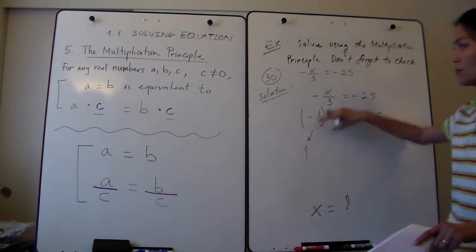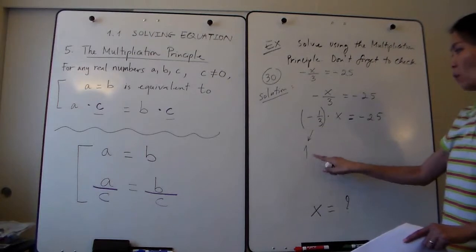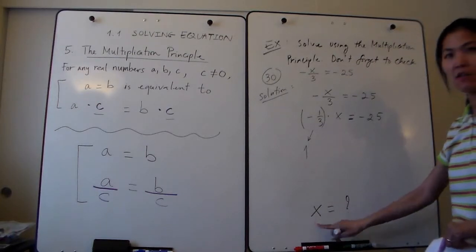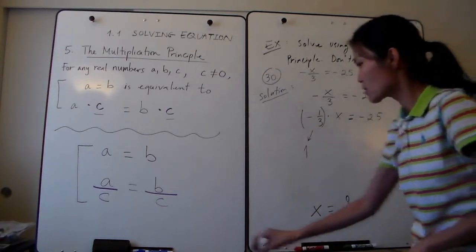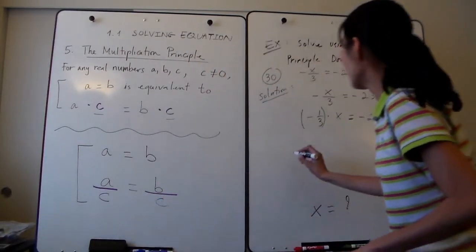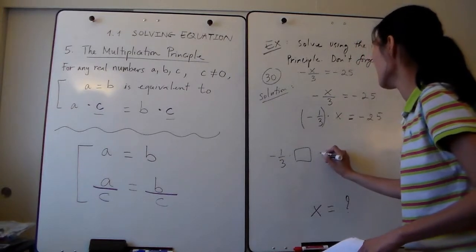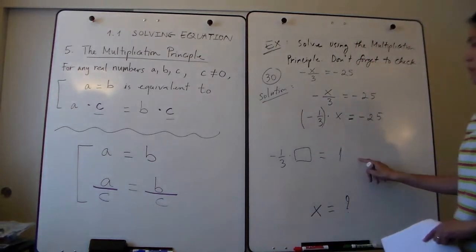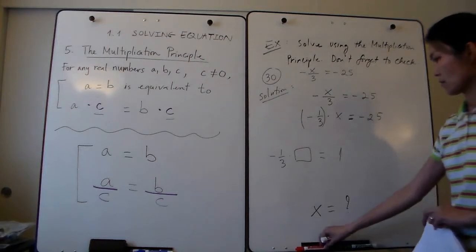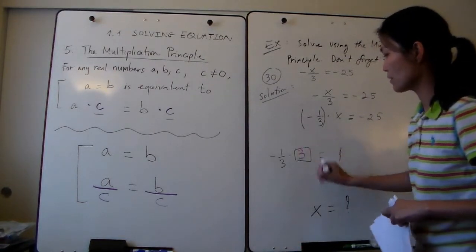You're trying to change this coefficient to 1 so that 1 times x is x. So let's think about this. Negative 1/3 times what equals 1? In this case, it has to be 3.